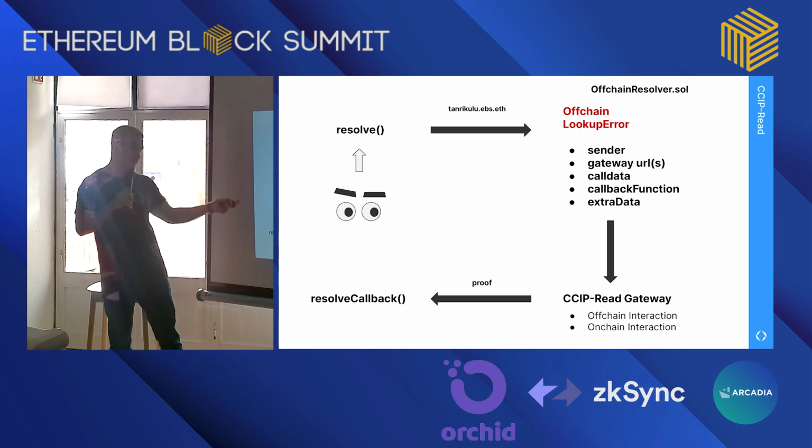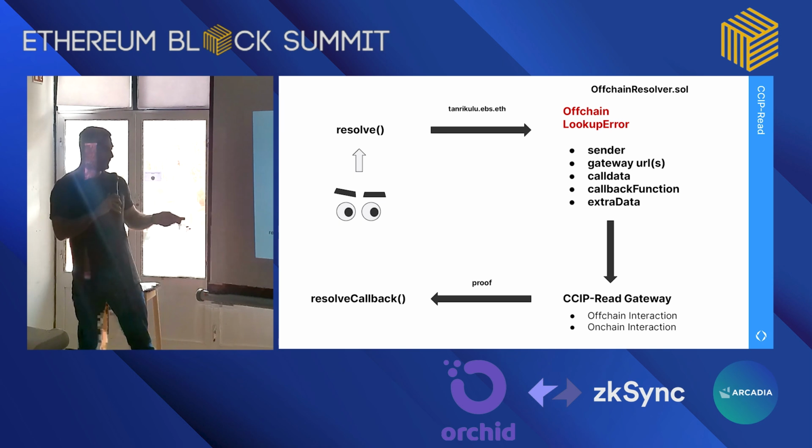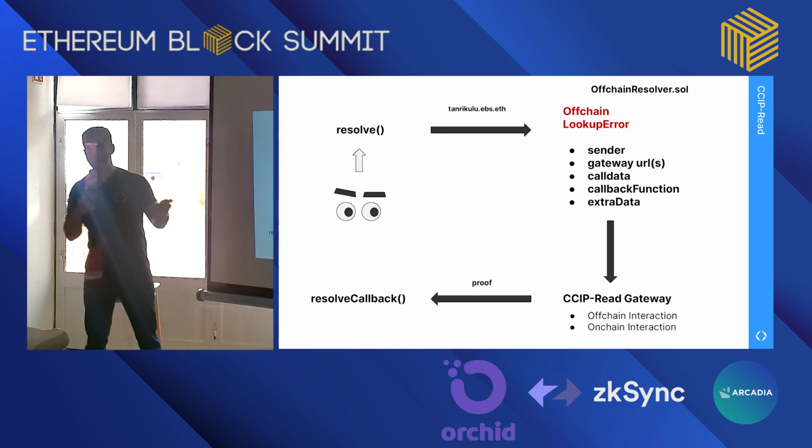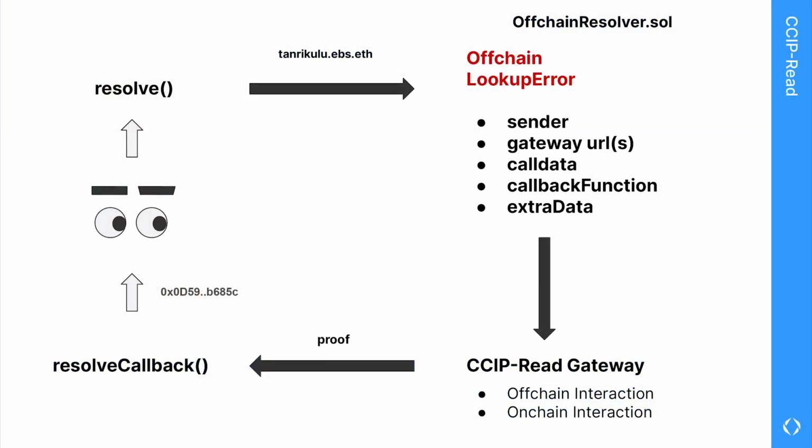After the proof check, if it's verified, the contract sends the information back to the client, and the client sends the information to the user. Now we have the information without writing anything on-chain.